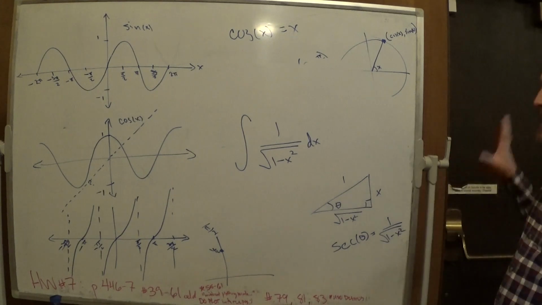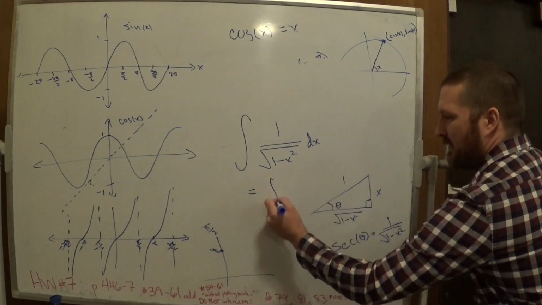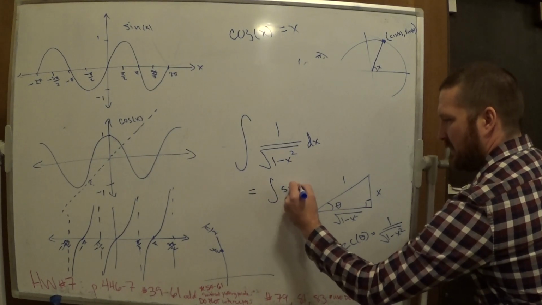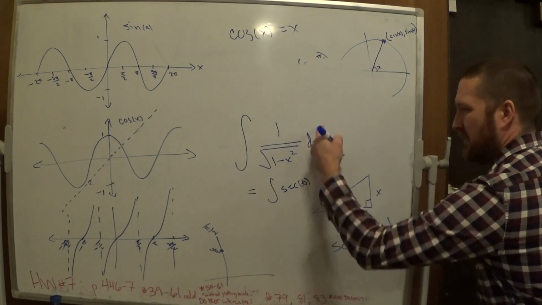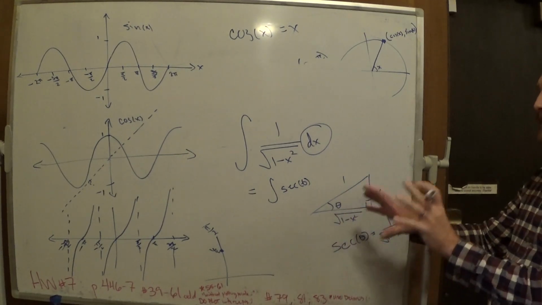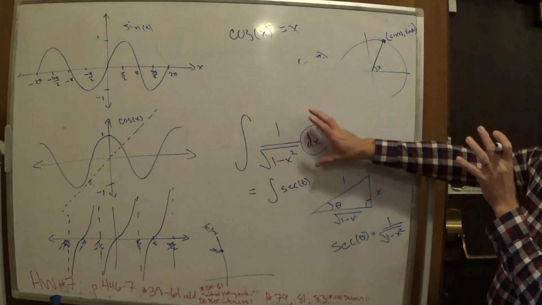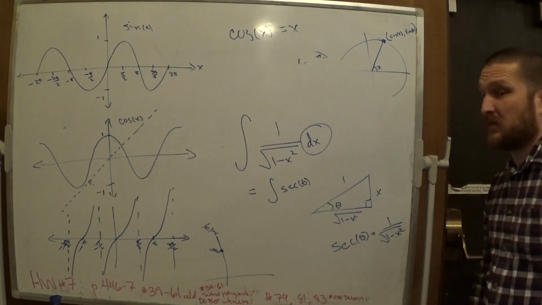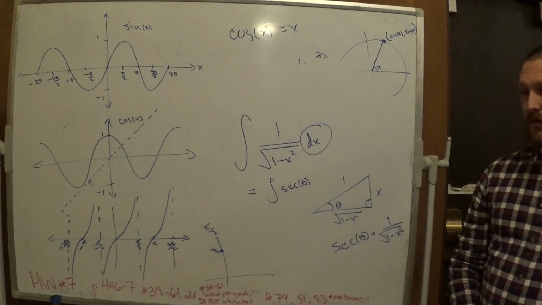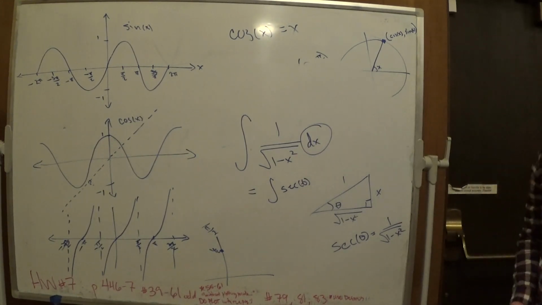And so you do some magic and figure out that this is the same thing as secant theta. Your dx turns into something else and blah, blah, blah. But that's the idea. You take a problem that's literally impossible to solve and turn it into something so simple that you go, oh, it's equal to 1. Oh, that's obvious.